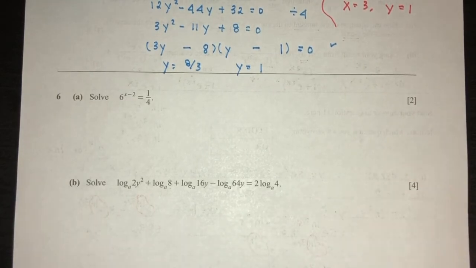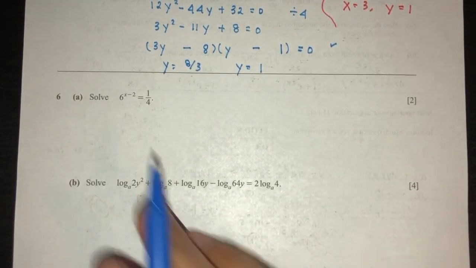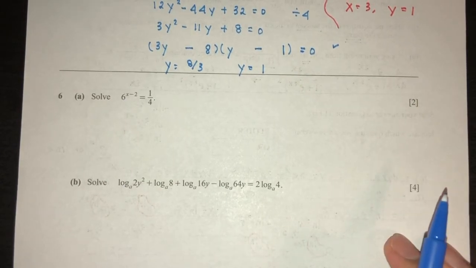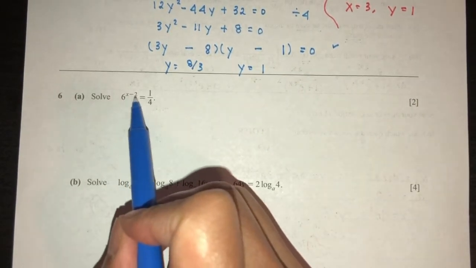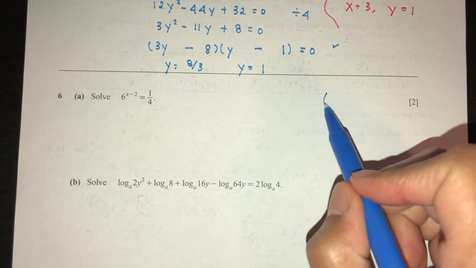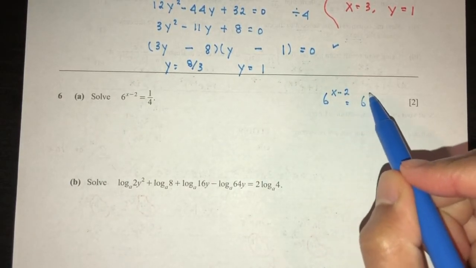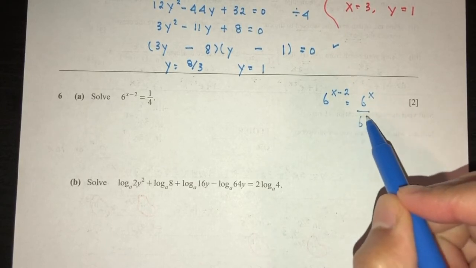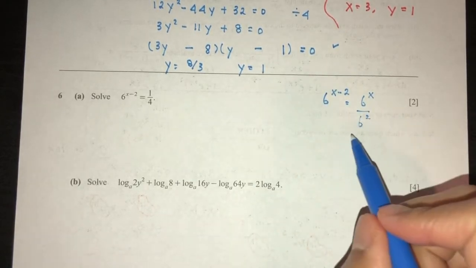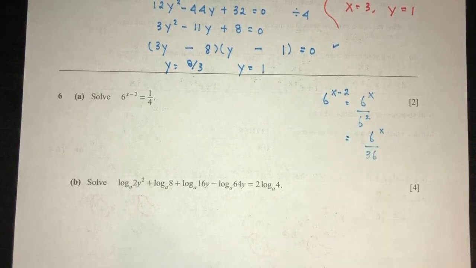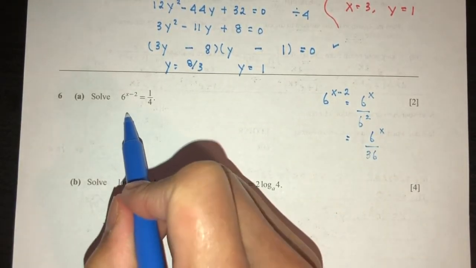Now question number 6, we have to solve this equation. We have to find the value of x. So how can we do this? Let's see. First we can expand, right? So we have 6 minus 2, it is the same as 6. This is equal to 6 power x divided by 36. So we can cross multiply.